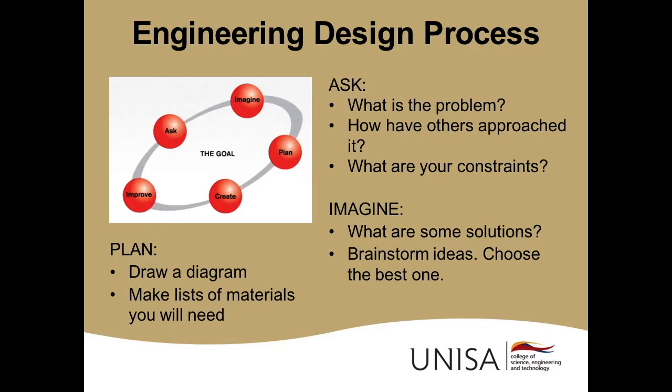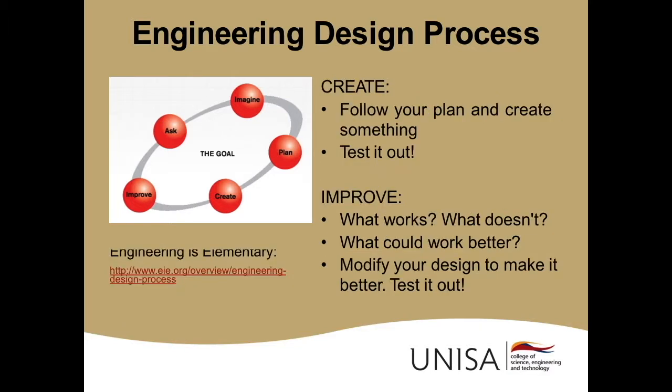And then you're ready to create. In the creation process, keep in mind that the learners need to follow their plan, or you need to follow your plan to create something. Don't just create something that is totally unrelated to what you've planned in the previous step.